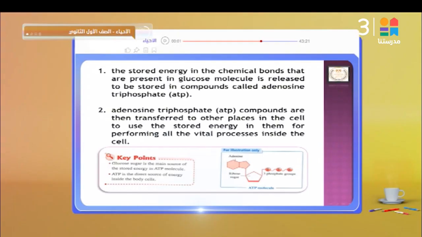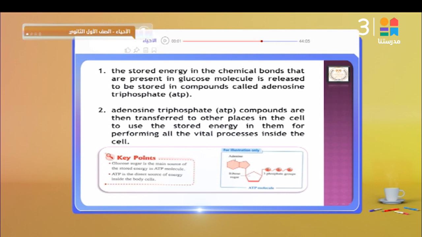This point is not studied this year, but inshallah next year, in the third year, we can study the hormone insulin. Insulin plays an important role in taking glucose inside the cell to make oxidation. This process occurs inside the mitochondria, where glucose molecules are oxidized with the help of oxygen.